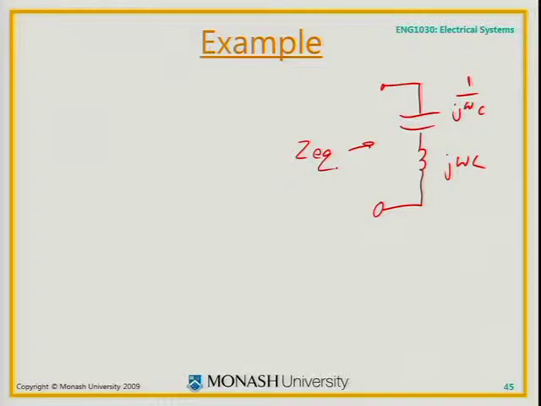So I want to look at the equivalent impedance of this series combination of a capacitor and an inductor. So it's just the sum of the two things. But what is Z equivalent?